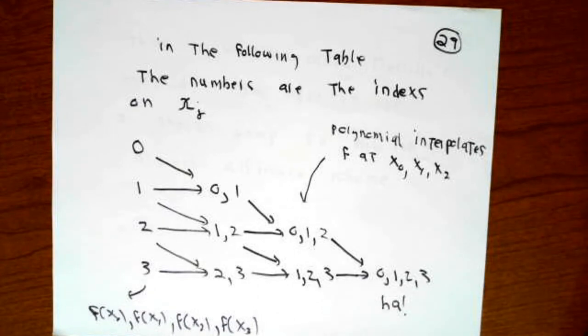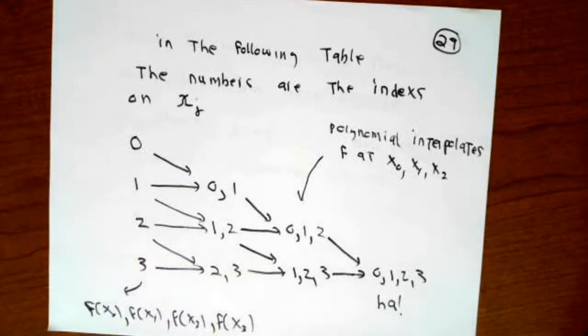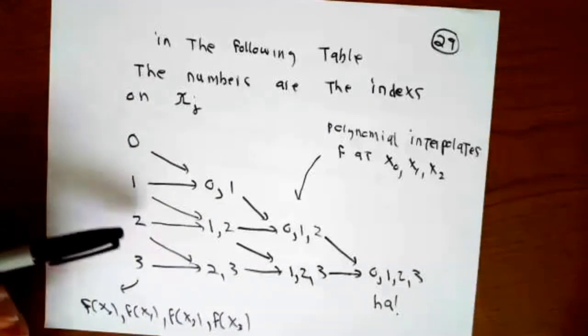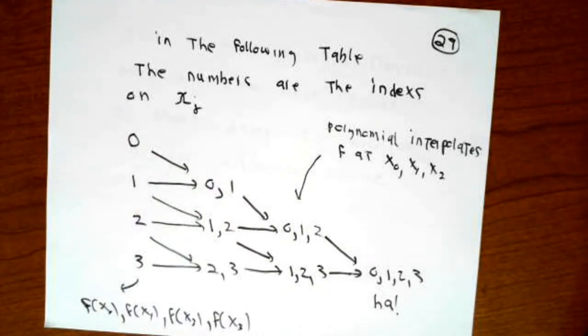In this table that I'm going to draw, I'm drawing in the indexes at which the current polynomials that I have interpolate various x values. For instance, when I write 0, 1, 2, and 3, I'm thinking of the polynomials of degree 0 that interpolate the function at x_0, x_1, x_2, and x_3.